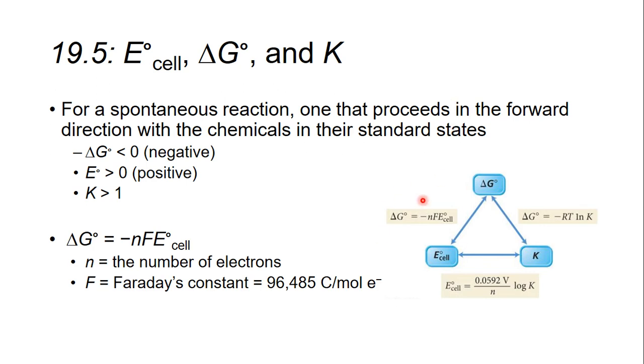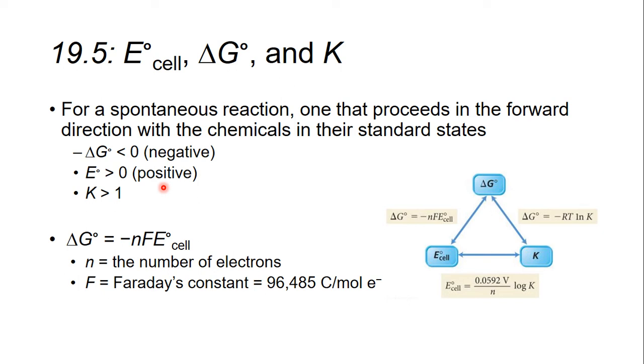The first equation that we're going to look at is how to convert between delta G and E cell. We have this equation: delta G equals negative N, the number of electrons in a reaction, times F, Faraday's constant, just a constant, times E cell, all multiplied together.